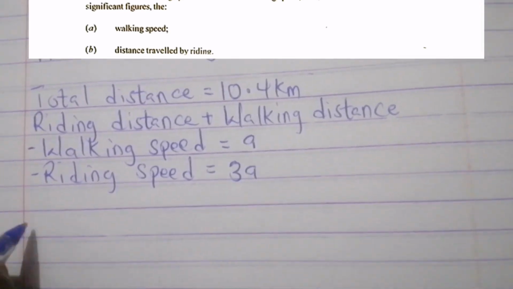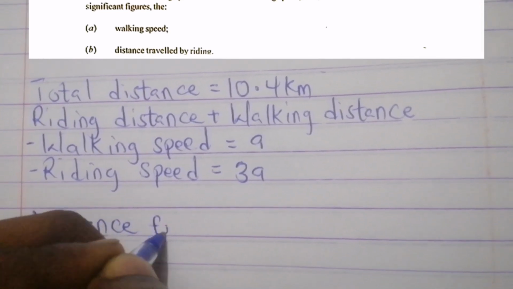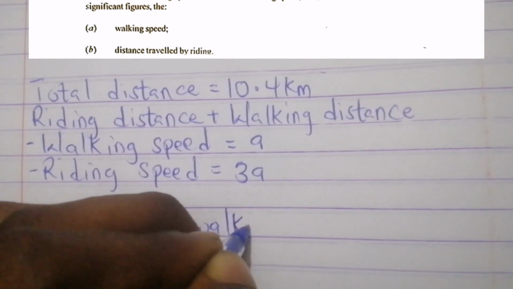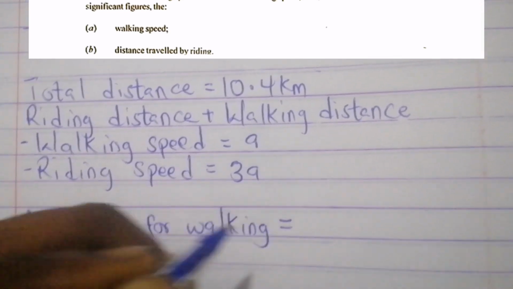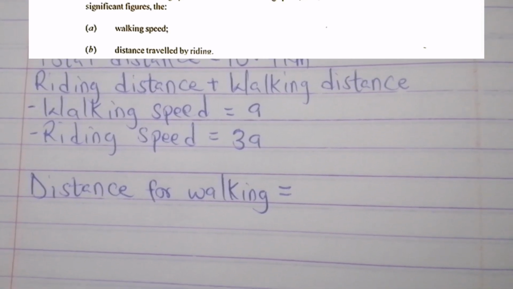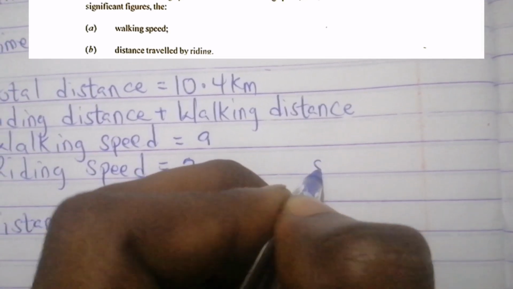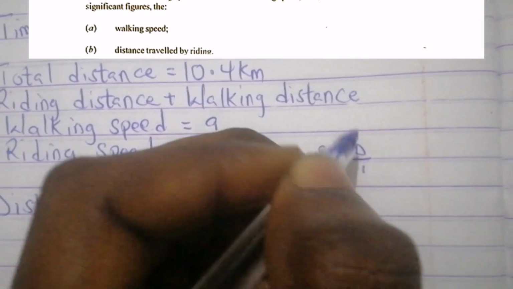So now we are going to find the distance for walking. To find the distance, you make the distance the subject in the formula for speed. Speed is given by total distance over time taken.